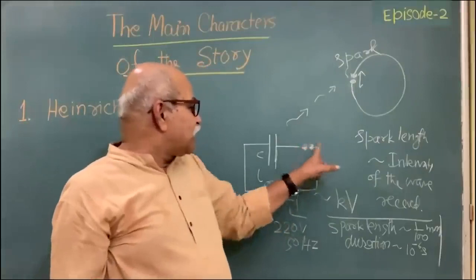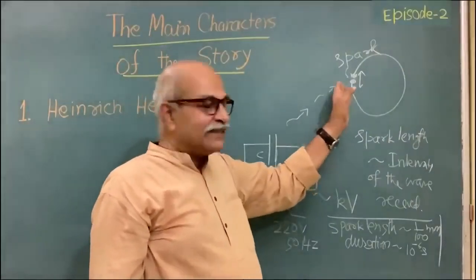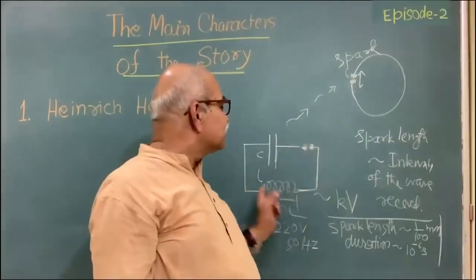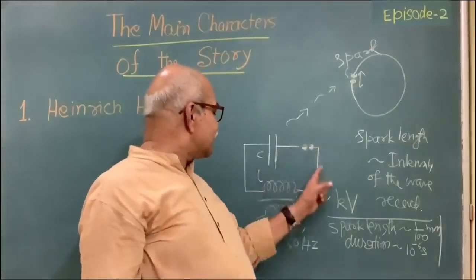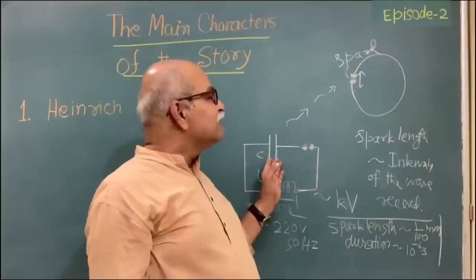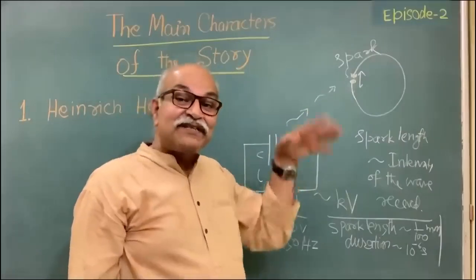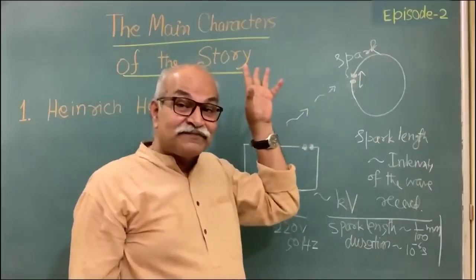One is that the spark is there, so light is generated and that light is traveling. Another is that because of the spark, the path becomes conducting, so it is an oscillating circuit, and from that oscillating circuit, an EM wave is generated. Light is light, frequency 10 to the power 15 hertz and so on.